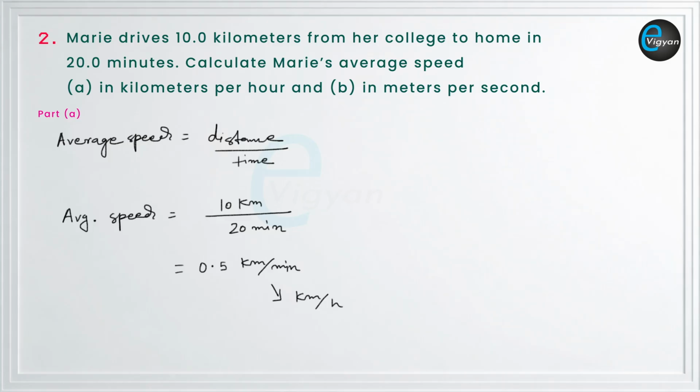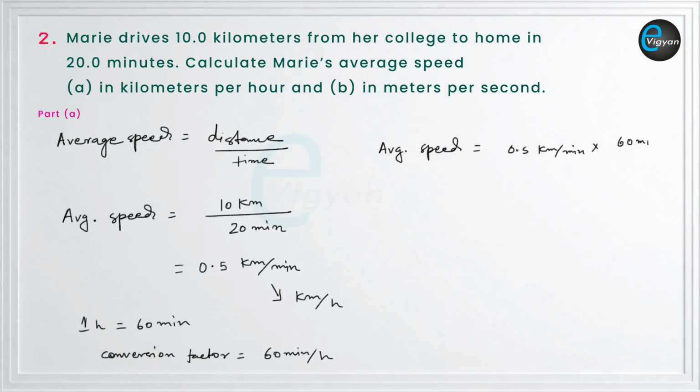For this we need to multiply it by the conversion factor, and that will cancel minutes and leave hours. Since 1 hour equals 60 minutes, the conversion factor is 60 minutes per hour. Thus average speed equals 0.5 kilometers per minute times 60 minutes per hour, which equals 30 kilometers per hour.